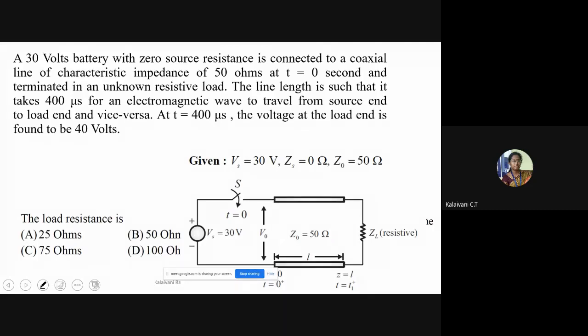So when t is equal to 0, we have to find ZL. ZL is not given. At this point, when time is equal to 0, the length is also 0. When length is equal to L, time is equal to T1 plus. So T1 plus will be equal to 400 microseconds.